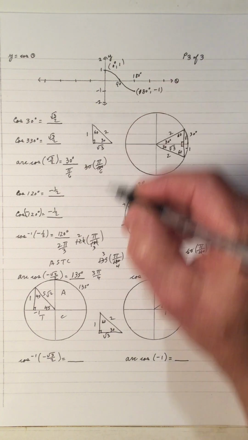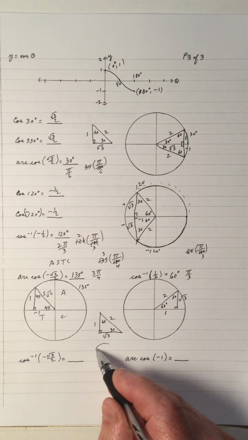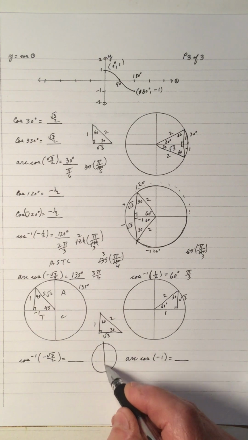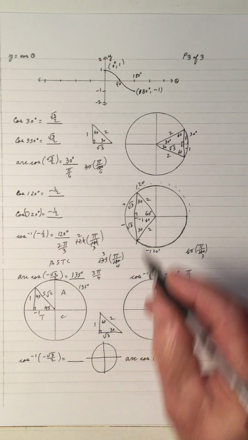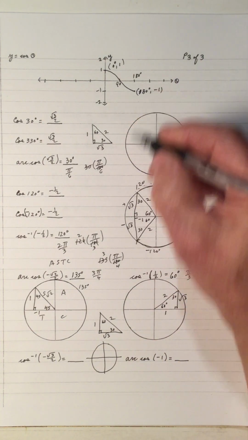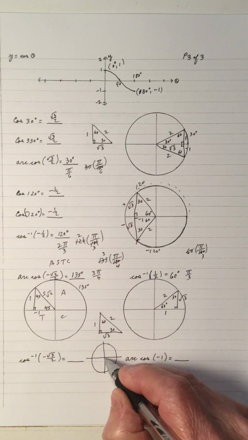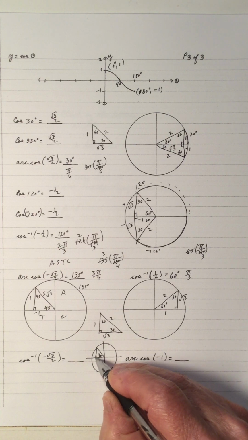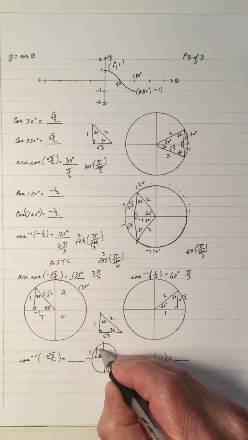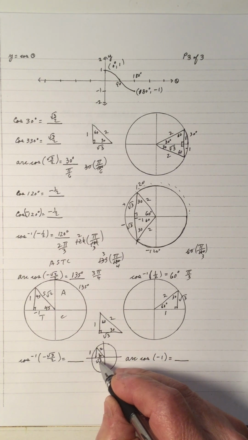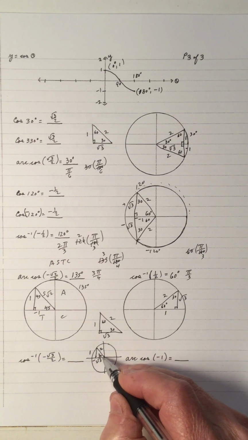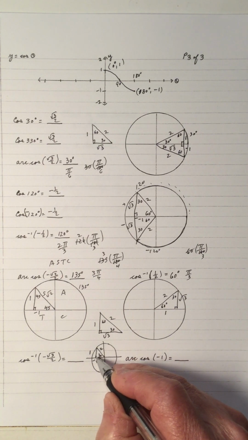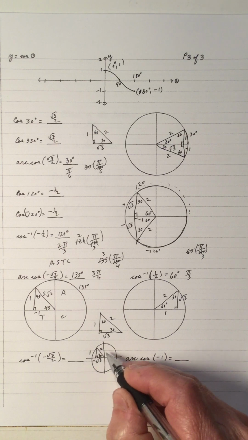between 90 and 180. So if you draw a circle like this, the angle has to be between 90 and 180. So 90 and 180 here, so it has to be a 30. So that's a 1, that's a 2, that's a root 3, and that's negative. So that's the angle, the perpendicular here, right angle.